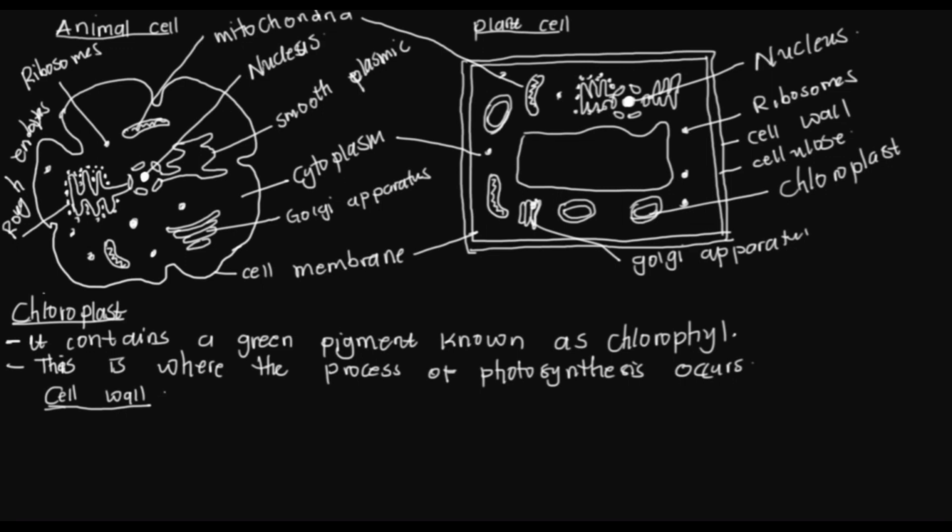The cell wall is produced from the cellulose. So the first function of the cell wall, we can say, is that it protects the inner parts of a plant cell.